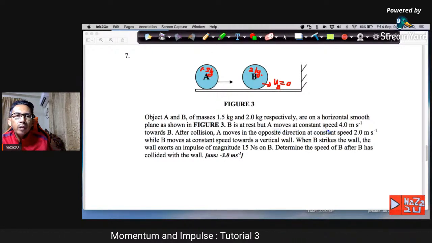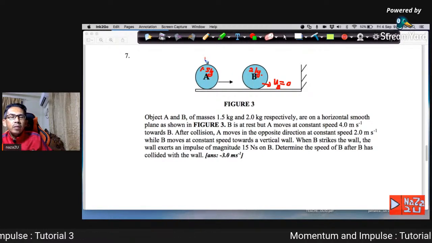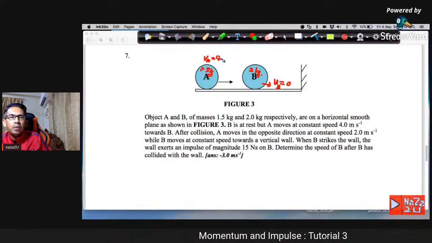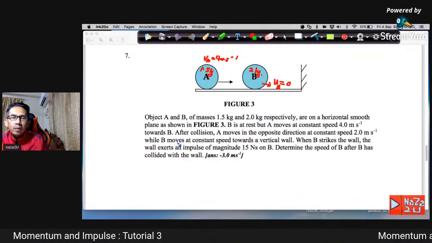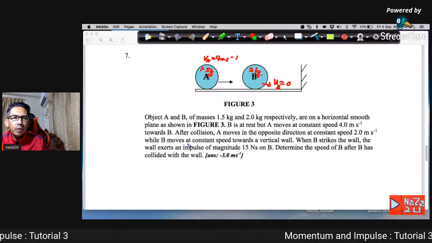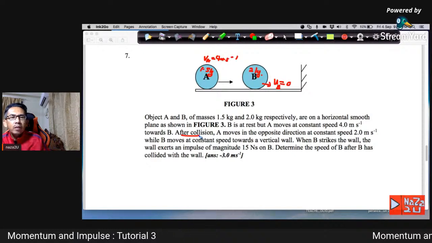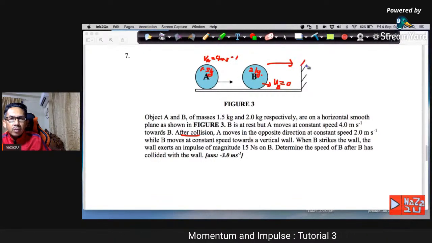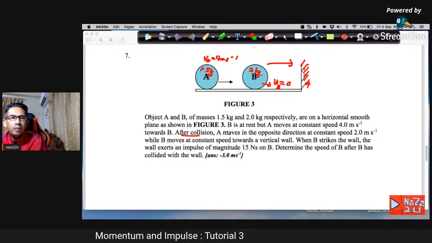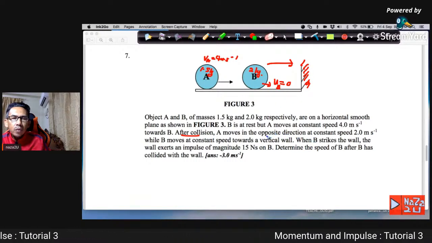A moves with a constant speed of 4 meters per second, while B moves with constant speed toward the vertical wall. After the collision of A with B, B moves toward this vertical wall, and A moves in the opposite direction.